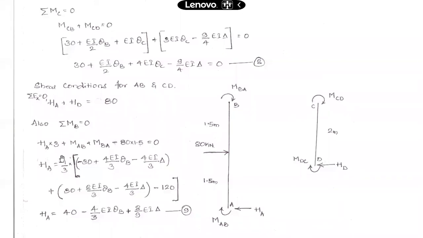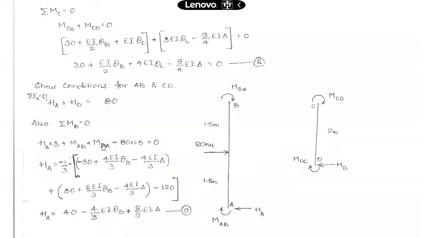So what I have is minus 1 by 3 into MAB plus MBA minus 80 into 1.5, which comes out as 120. I have taken all these terms towards the right. So MAB is minus 30 plus 4EI by 3 into theta B minus 4EI by 3 into delta. This entire expression is for MAB here.